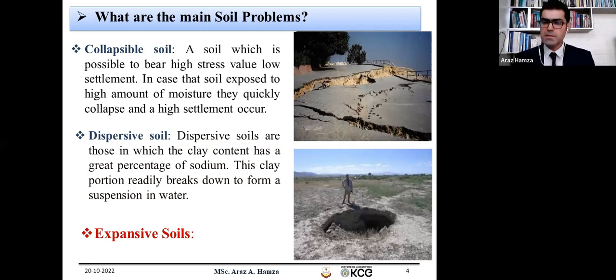Collapsible soil and dispersive soil are different types of soil that, because of different minerals inside the soil, are prone to settlements and landsliding, such as this. Again, I'm not going into the detail of such a problem, but today's seminar is about expansive soil. This is the main problem of soil, and this is the main topic of our webinar.